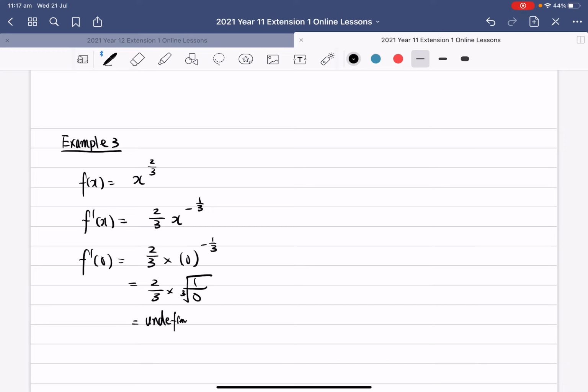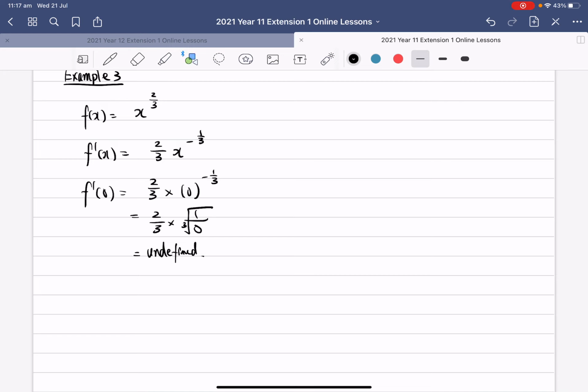And then you take the cube root of that, it's still going to be a large number. So the gradient is going to be extremely large. Therefore, when you sketch the curve, at this point you have a vertical tangent like this.